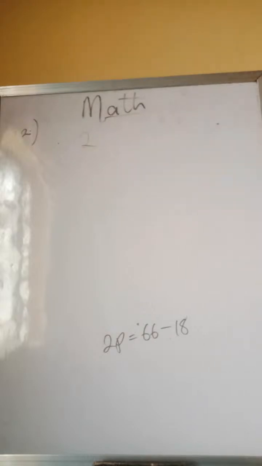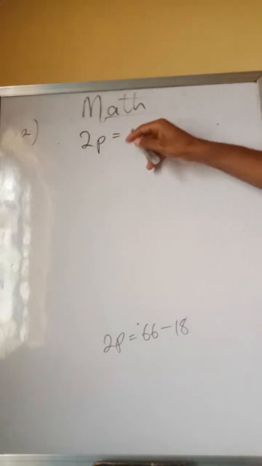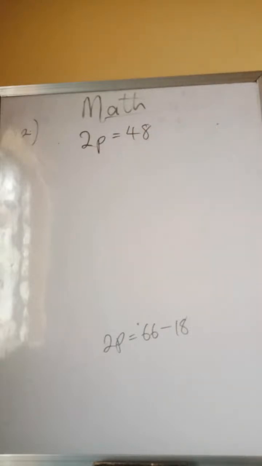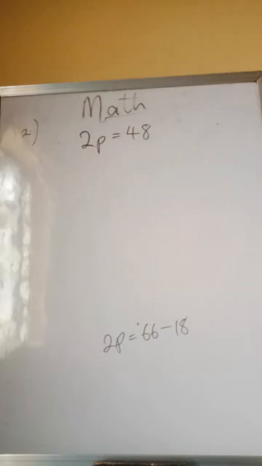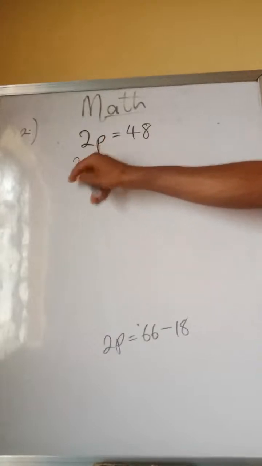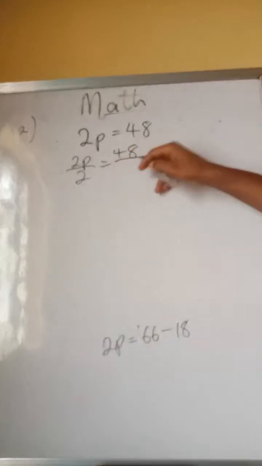We have 2P is equals, okay, so since we're working with time, it's going to be equals 48. You want to divide both sides by 2 to get the value of P. So you have 2P over 2 is equals 48 over 2.